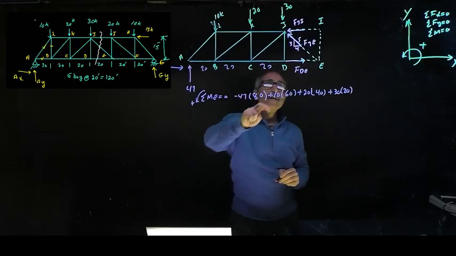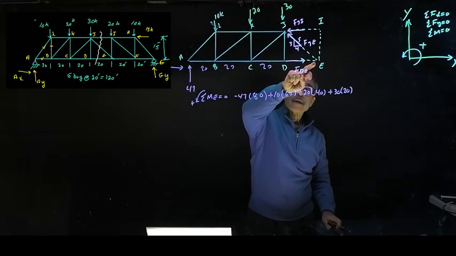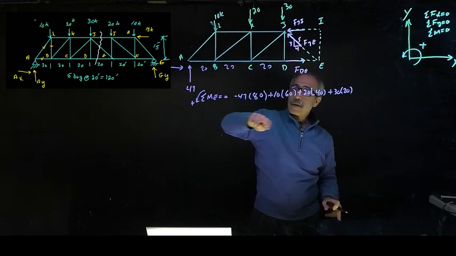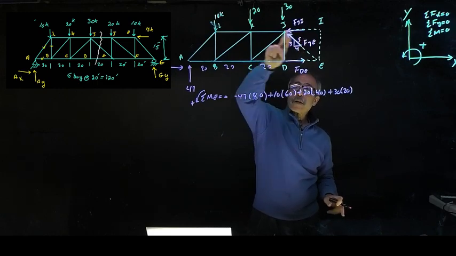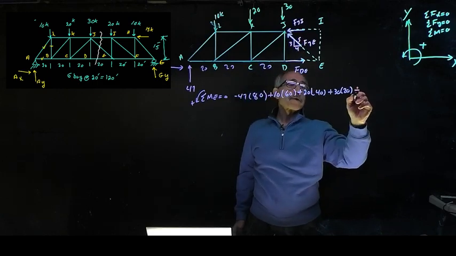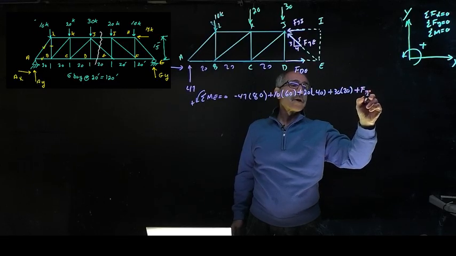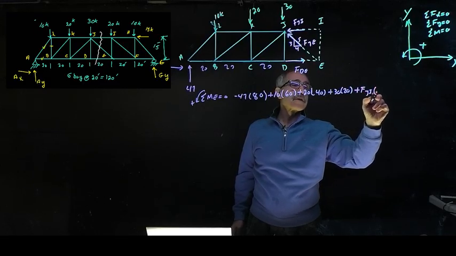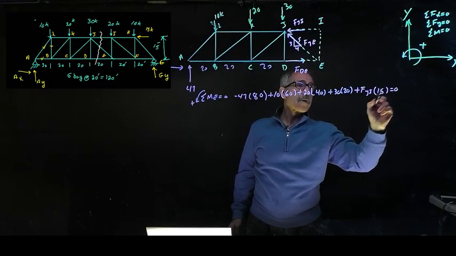And then this cannot take a moment, this cannot take a moment, so it's this one. This one's going to come out, and it's going to go counterclockwise. So it's going to be plus F of JI times 15 equals 0.